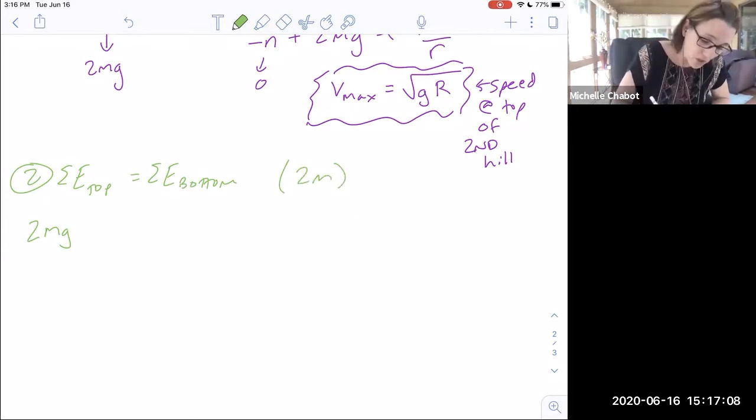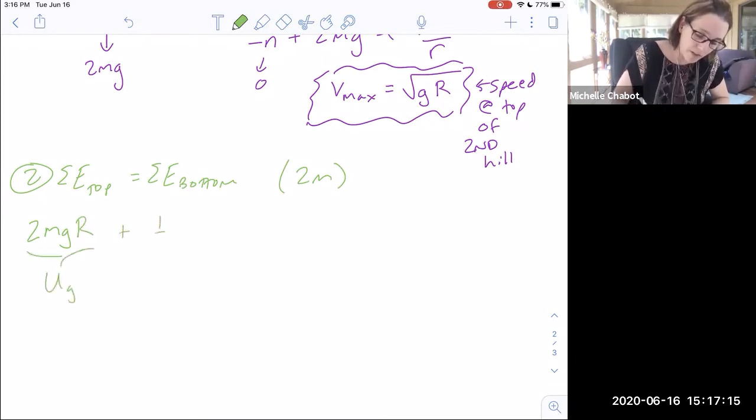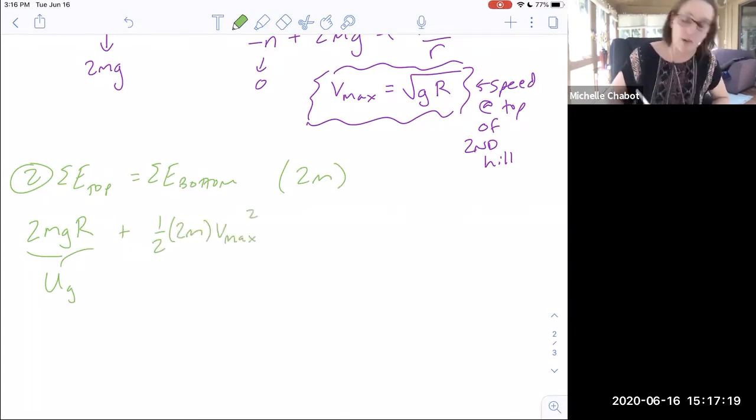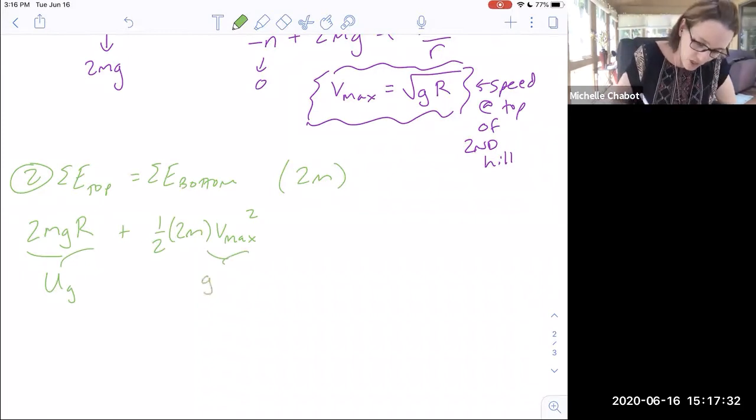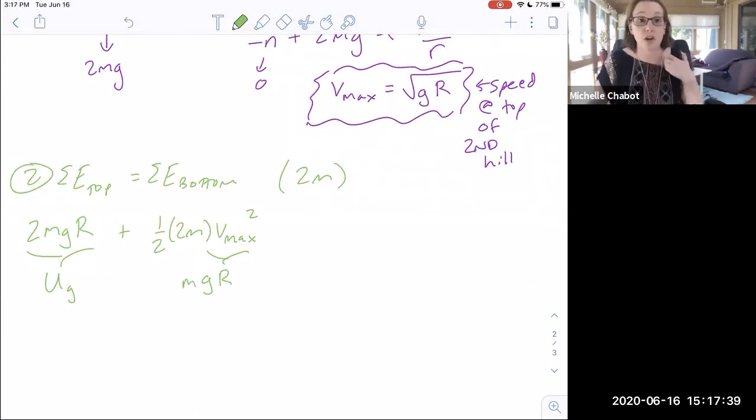So 2mgR, this is my gravitational potential energy, plus 1/2 times 2m times v max squared, where v max is the square root of gR. So this will work out to being g times R times 1/2 times 2m, so that's just mgR.